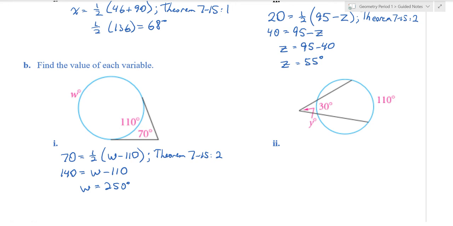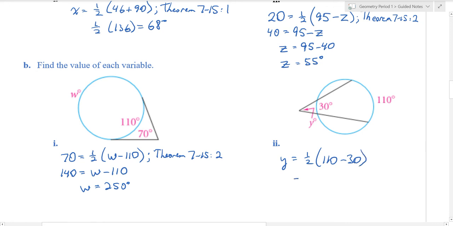All right, let's take a look. Number 2 also uses case number 2. So we can just say that y equals 1/2 times 110 minus 30.